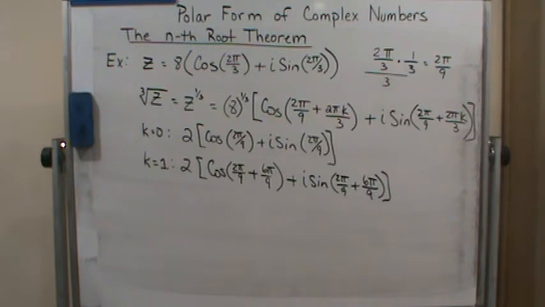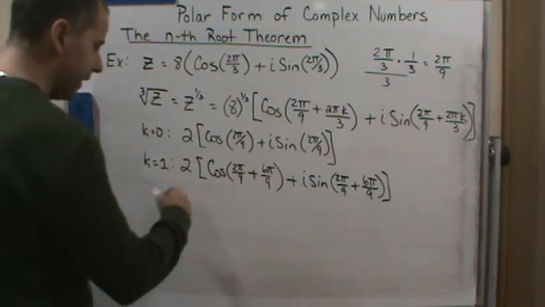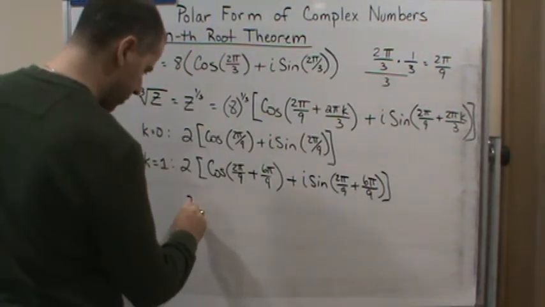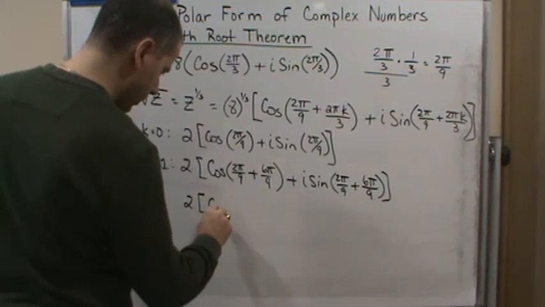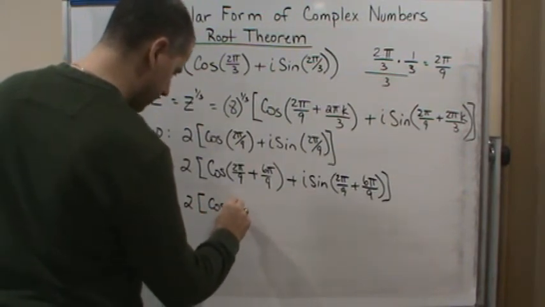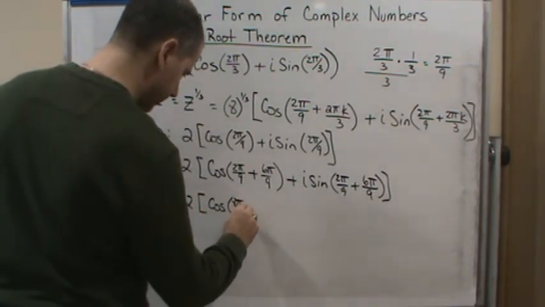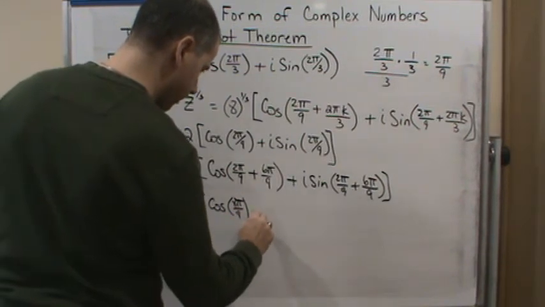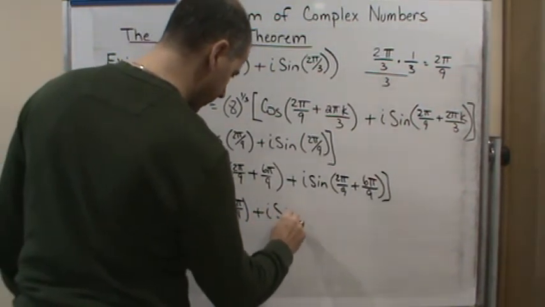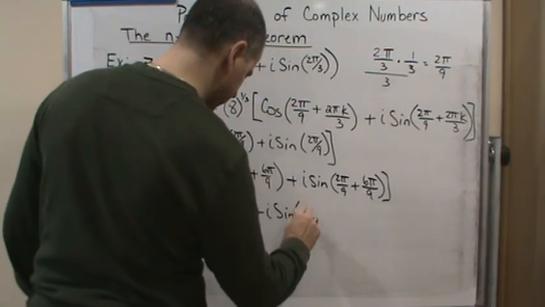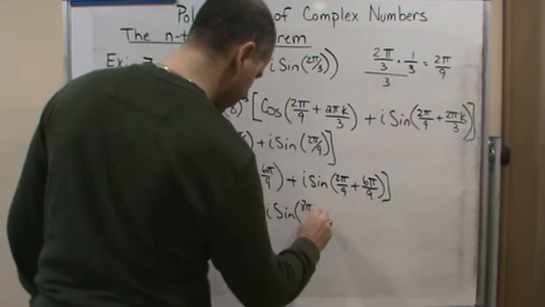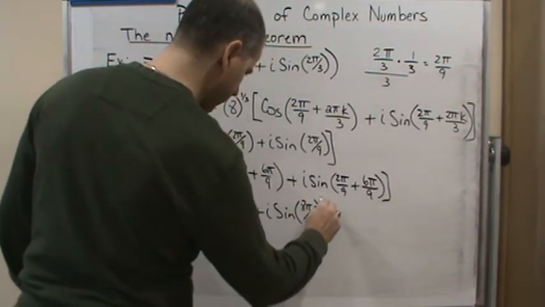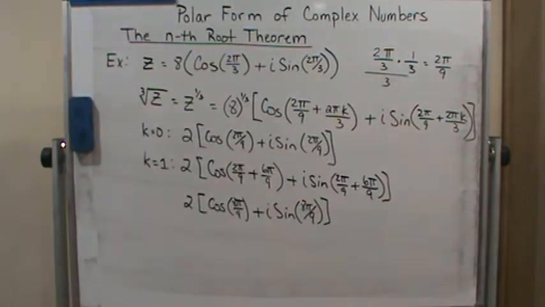Okay. And then now we can simplify this. So this is going to be 2 cosine of 8 pi over 9 plus I sine of 8 pi over 9, okay, and that's the result when k is equal to 1.